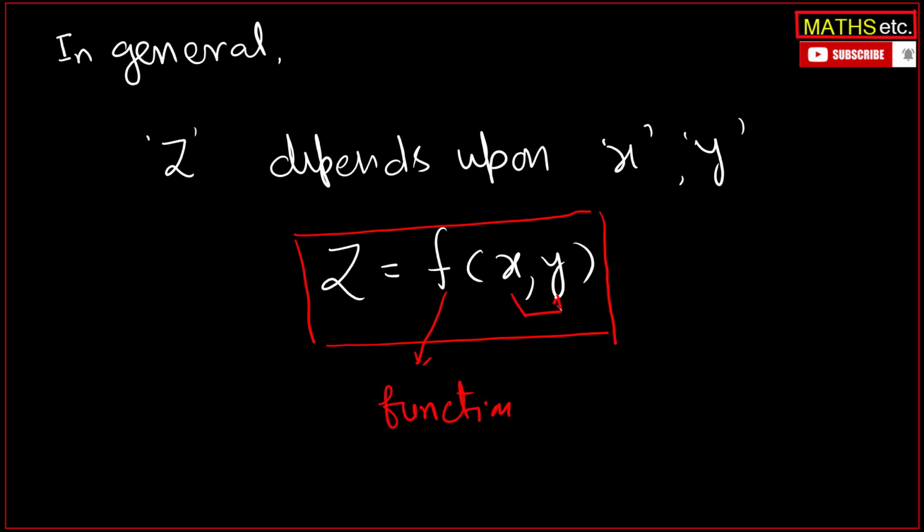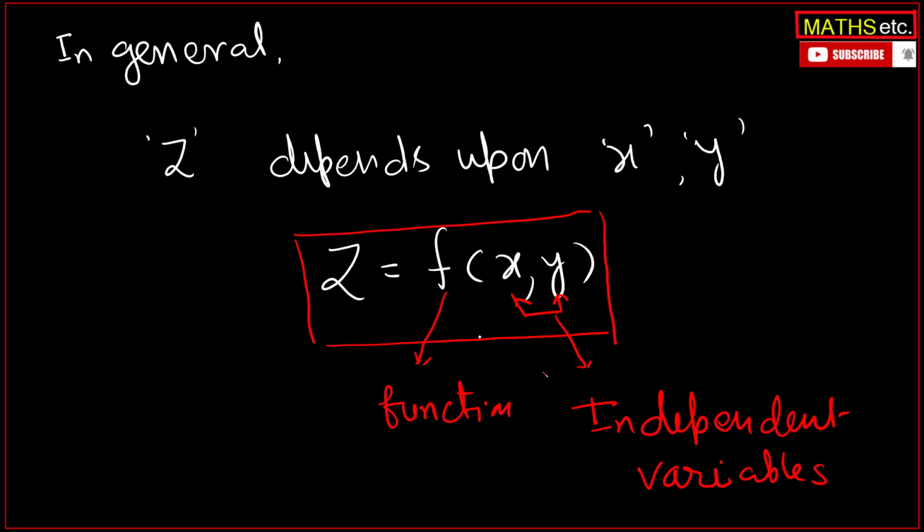X and Y variables take independent values, so they are called independent variables. And the value of the Z variable depends upon X and Y variables, so we call it the dependent variable.